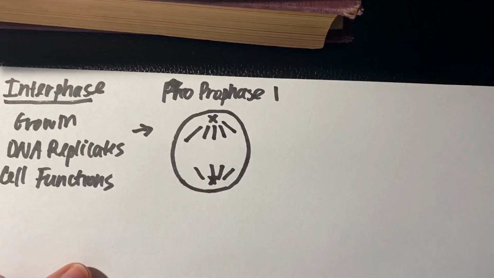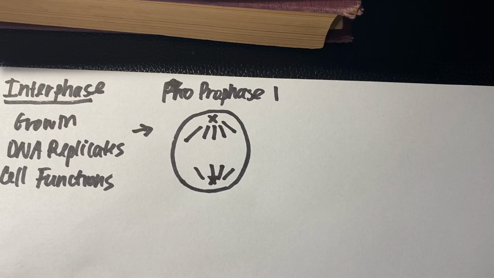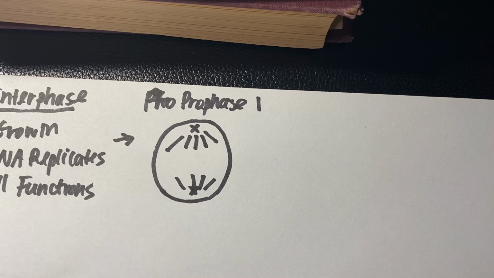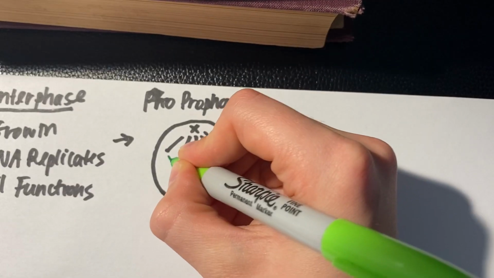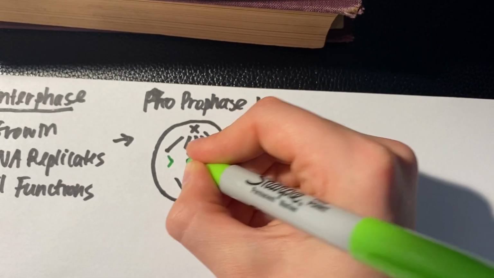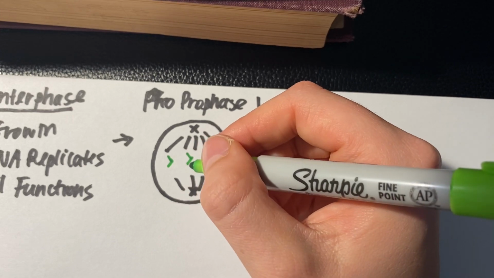But here's how it's different from mitosis. In mitosis, the chromosomes basically condense and they do not perform any crossing over. However, in prophase 1 in meiosis, chromosomes cross over and transfer gene information to each other.